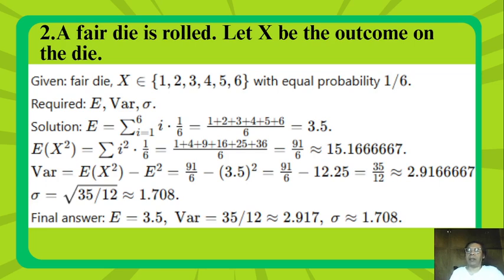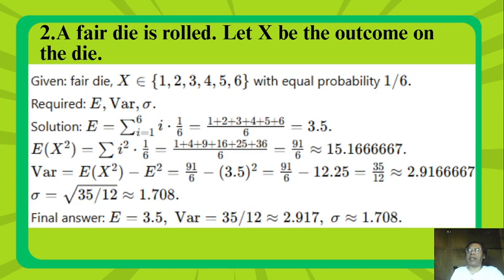The variance is equal to E of x squared minus E squared. So we have 91 over 6 minus 3.5 squared. And the answer is 2.92. And then the sigma is equal to the square root of 2.92, which is 1.708.